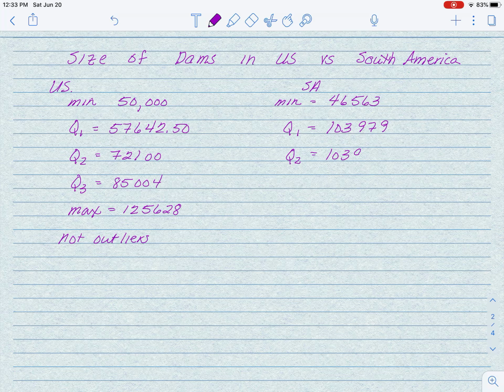So Q1 is really 56,242, and Q3 is 274,026. And then the max is 311,539, and it turns out there are no outliers.